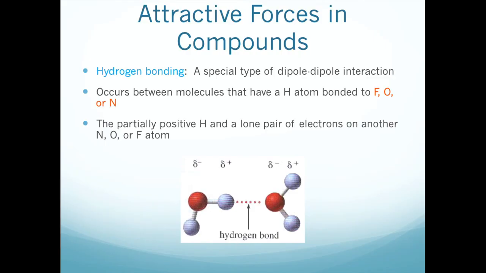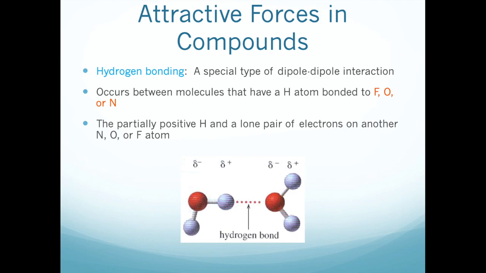Hydrogen atoms are kind of special in that they are pretty much a bare proton with a single electron. So if you have a hydrogen that's connected to one of these really electronegative atoms, that lone electron is pretty much sucked away, leaving that bare proton.